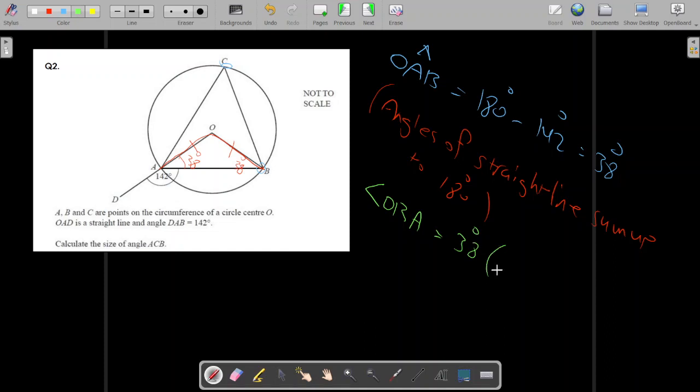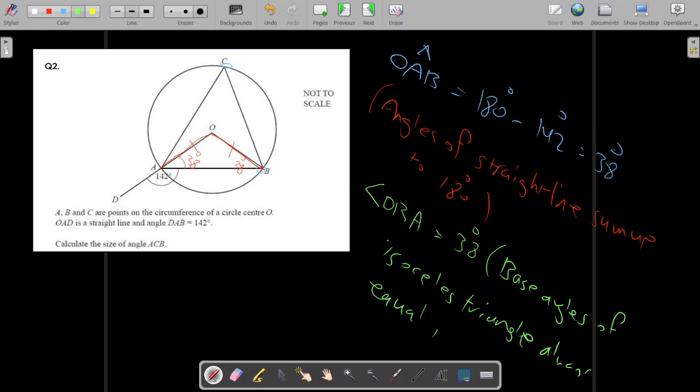Why is that? Because we proved that this is an isosceles triangle. Base angles of an isosceles triangle are always equal.